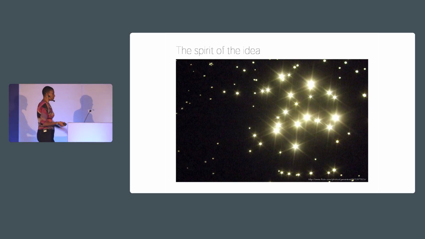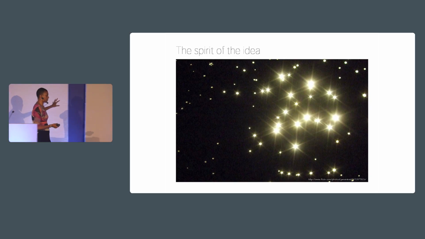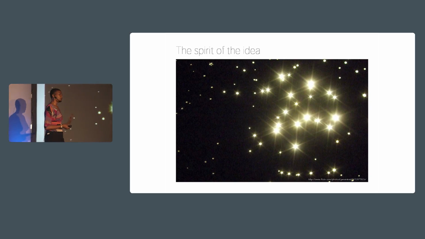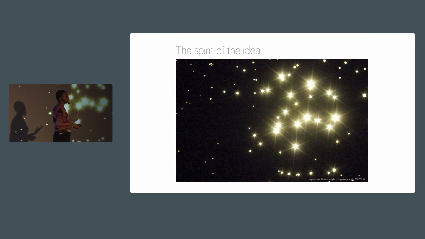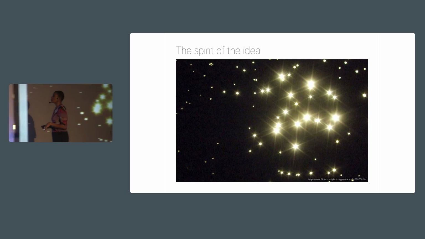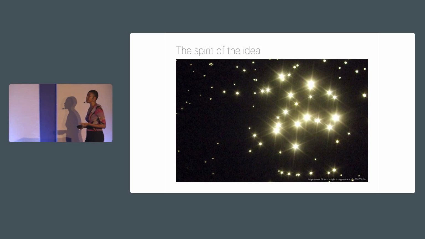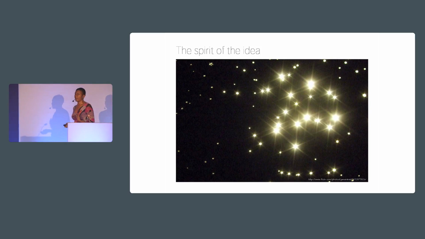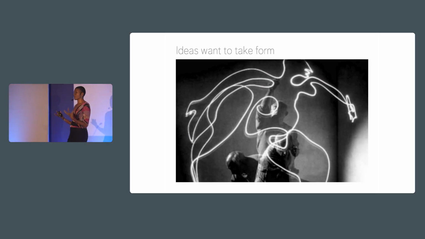Also, now that we've got the daemon and the genius and the muses out of the way, we can also think about calling upon the spirit of the idea itself. One thing that I think is very interesting, I like to think of ideas as their own entities, and that the ideas want to take form.